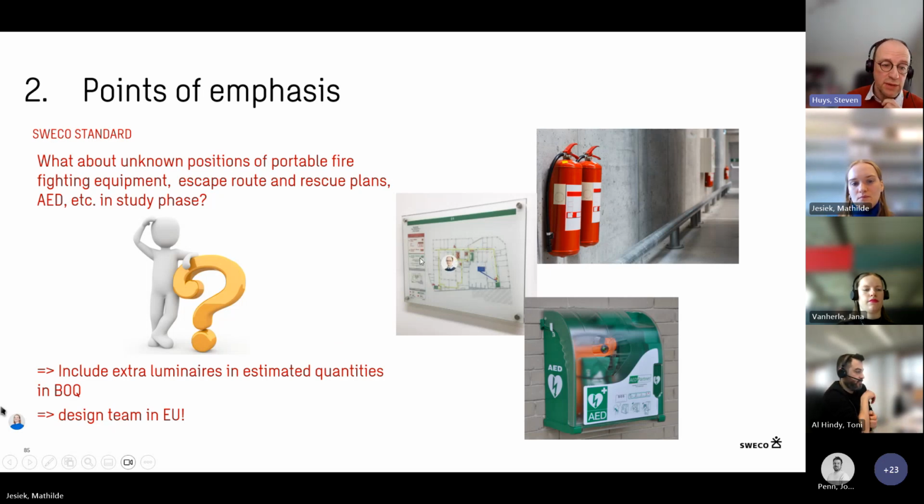So we just say it's better to include extra luminaires in the estimated quantities in the bill of quantities, because for sure you don't have a clue where they're going to hang these rescue plans and this AED equipment. I think it is not known in the study phase. So just make sure you have the budget in your project and you include some extra luminaires in your bill of quantities.